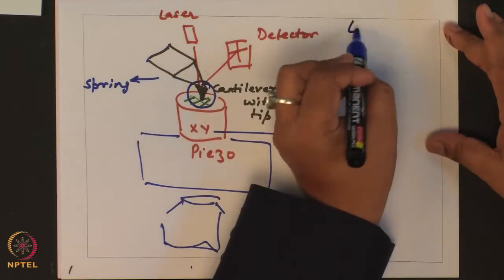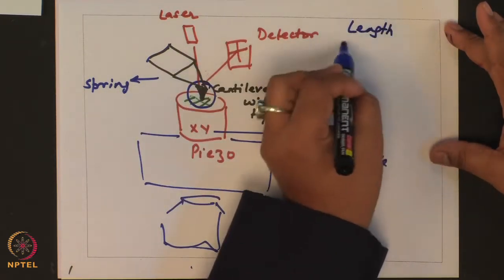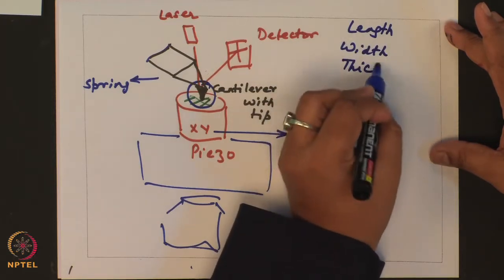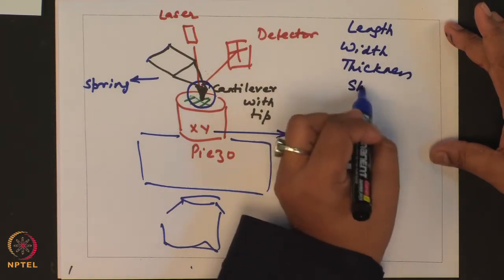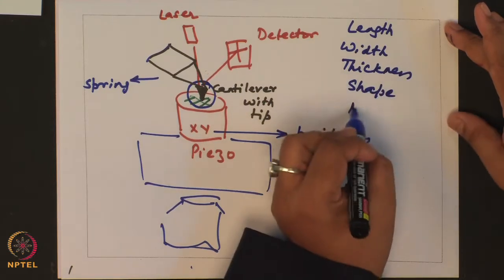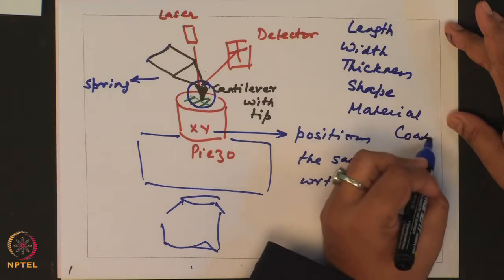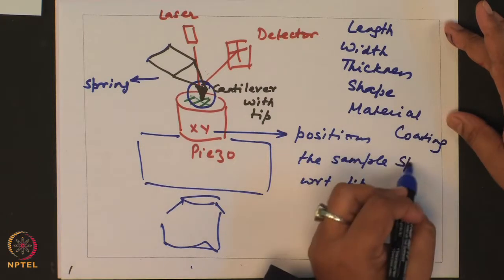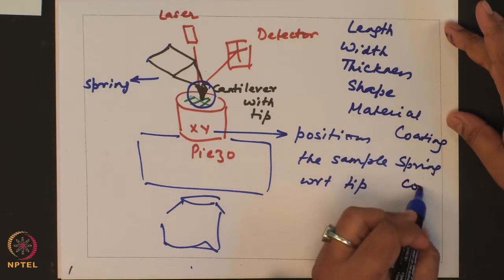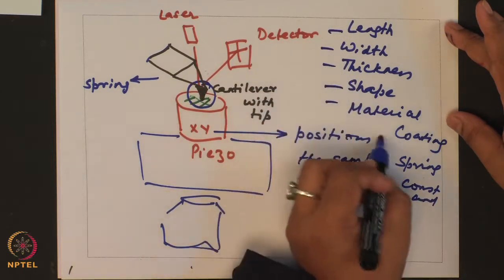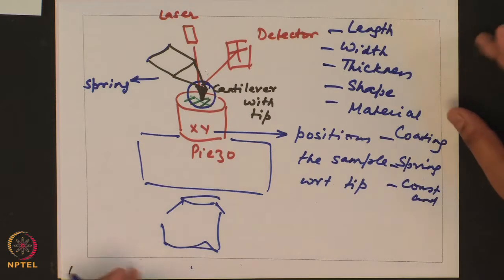From these, what you will see is the length, the width, the thickness, the shape, the material, the type of coating you provide, and the spring constant. These are several of the properties that can be varied.